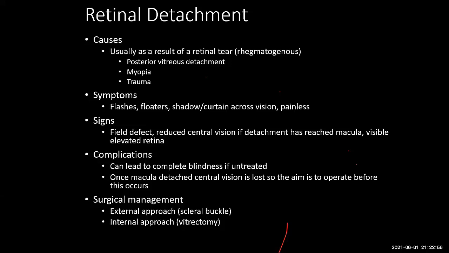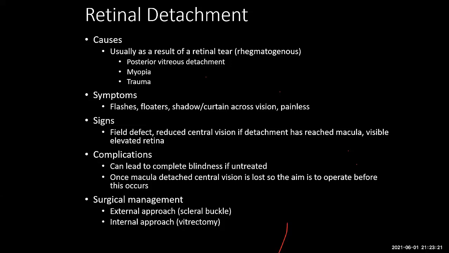So if they come to you with a field defect and with good vision, very likely that you are dealing with the peripheral retinal detachment with intact macula. So if you do surgery in that situation, outcome is going to be very good. So they essentially need surgery.